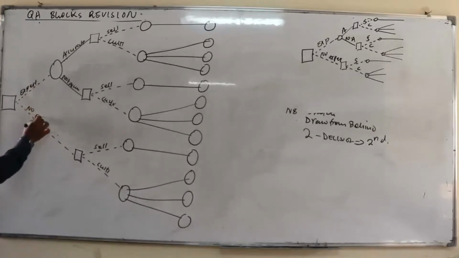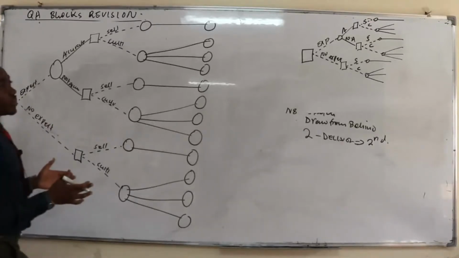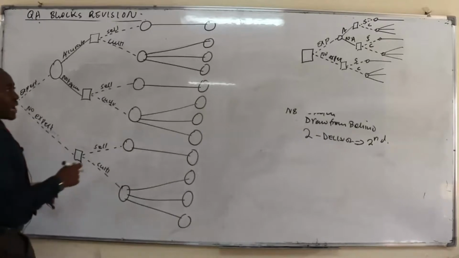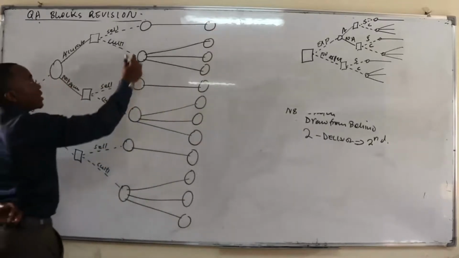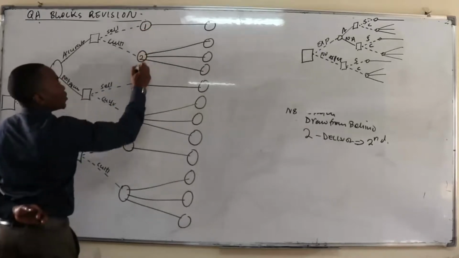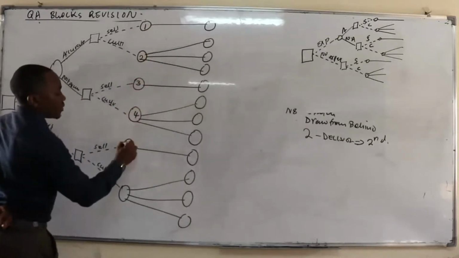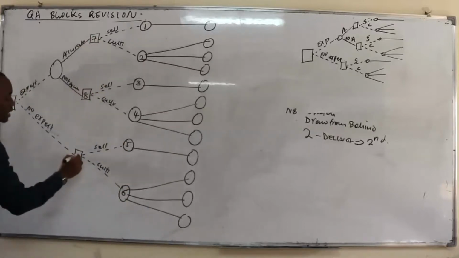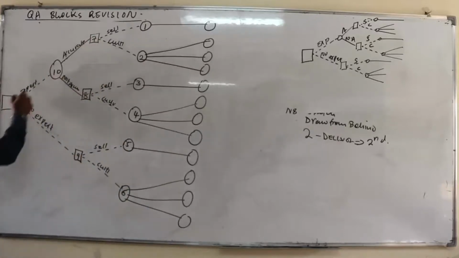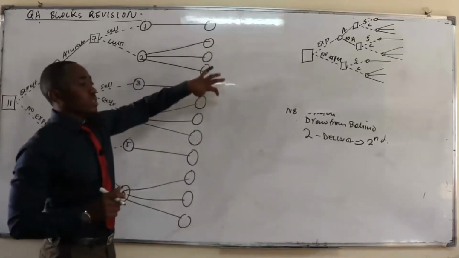So once you're through with drawing your fair copy, you label the nodes. Apart from the add nodes, all the other nodes, you label them going backward. This will be node number 1, 2, 3, 4, 5, 6, 7, 8, 9, 10, 11. You label all the nodes apart from the add nodes.